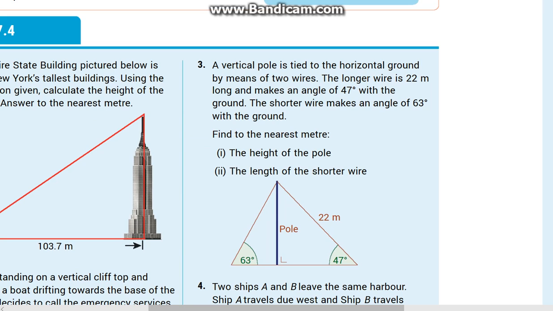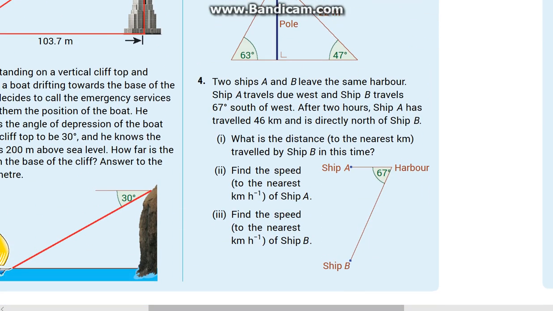It's going to be sine really, because your hypotenuse is here and you're trying to find your opposite. And then once you find out what that is, say it was 10 metres. Now I don't know what the answer is. It says to the nearest metre. Put your 10 metres there on your diagram and then go about finding the length of the shorter wire. So you're working on the left hand side then. That one shouldn't cause too many issues.